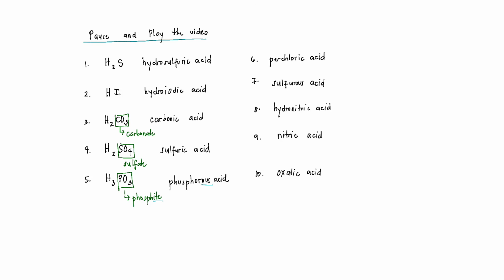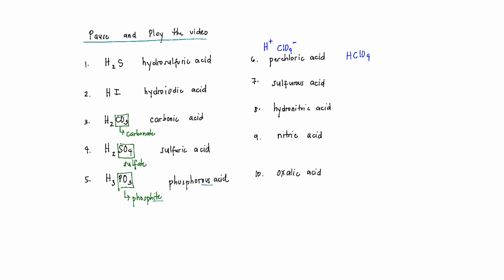Now, how about number 6? Perchloric acid. Now expect, what is perchloric? Perchloric is ClO4 negative, and then you make it as an acid, H positive. Therefore, this one is HClO4.